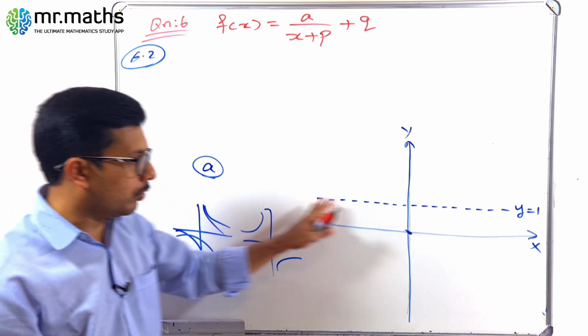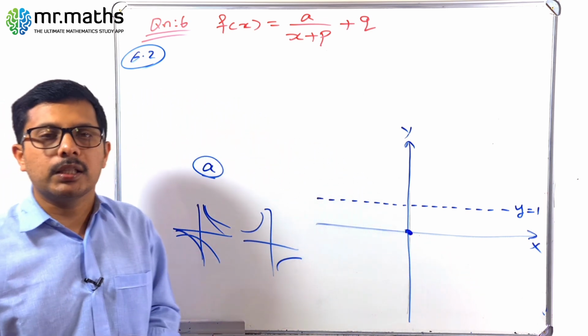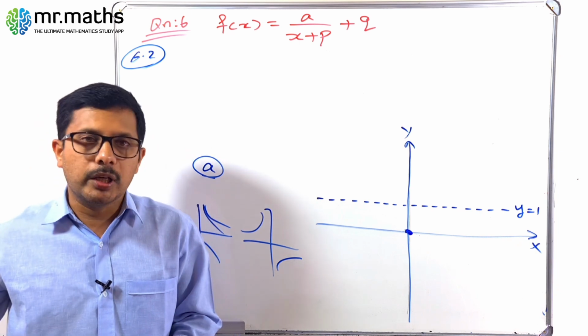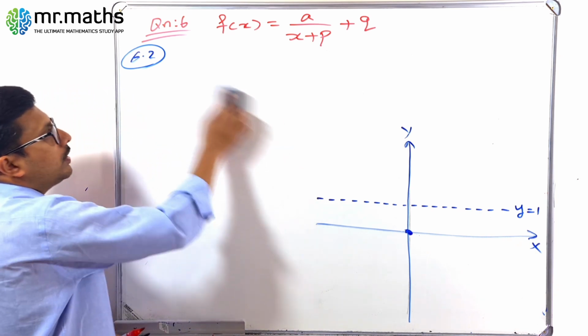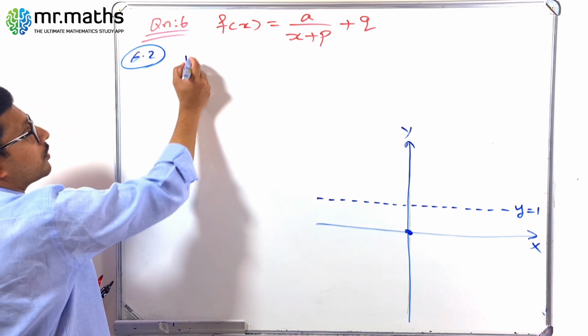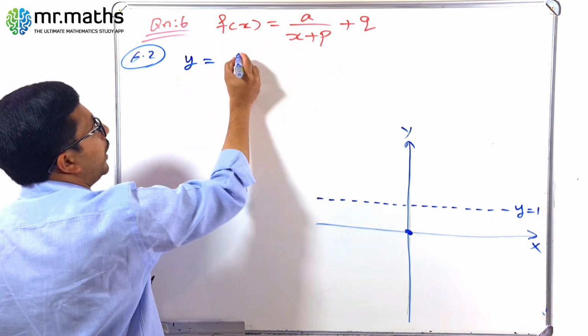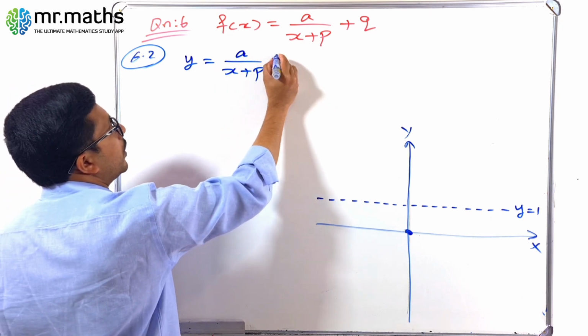So we don't want to draw that, but we know that it is given in the question that it passes through the origin. That means 0, 0. So now what is the equation that we know? F of x, that is y is equal to a over x plus p plus q.